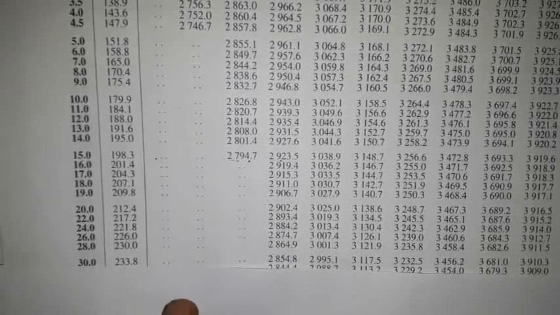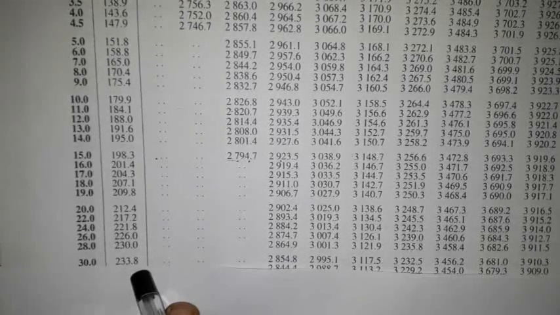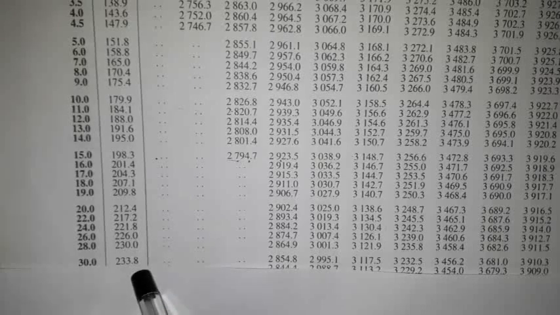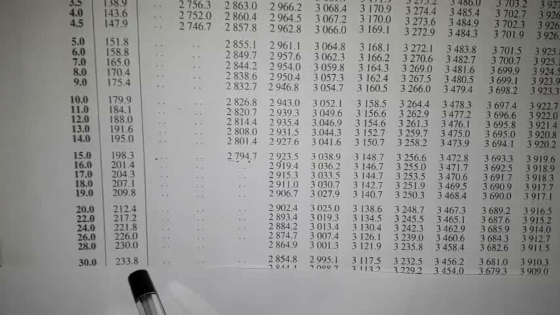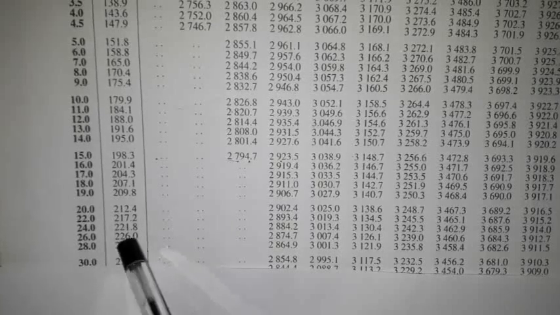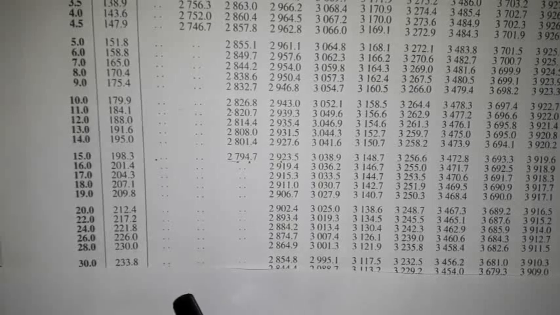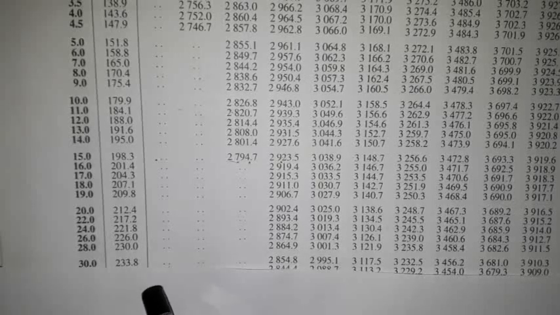So here for 30 bar pressure, the saturation temperature is 233.8 degrees Celsius. So the given temperature is 400 and the steam temperature is 400 degrees Celsius, which is higher than the saturation temperature 233.8 degrees Celsius. Hence the steam is in superheated condition.